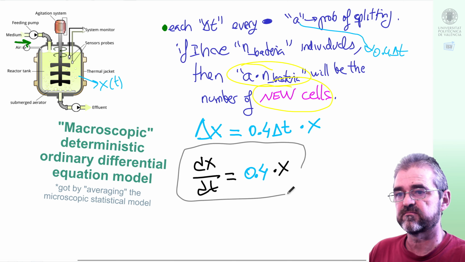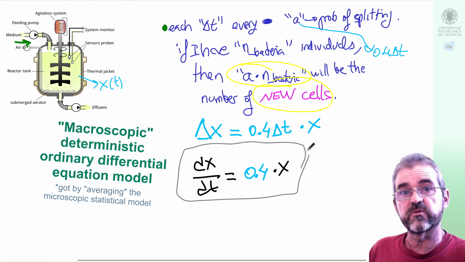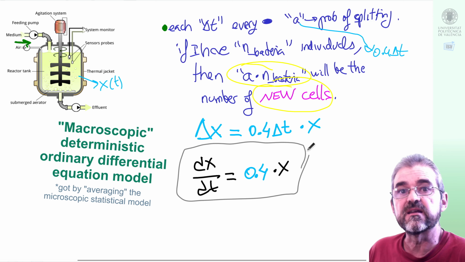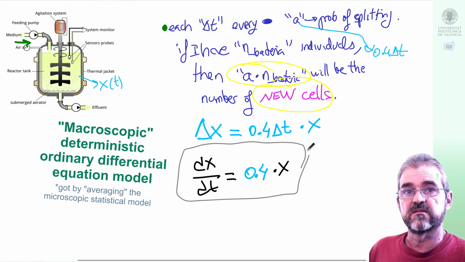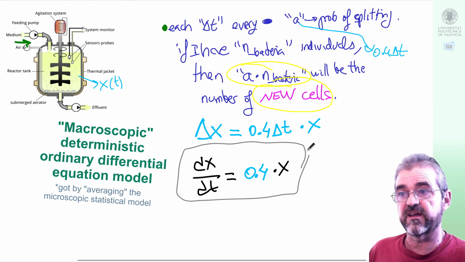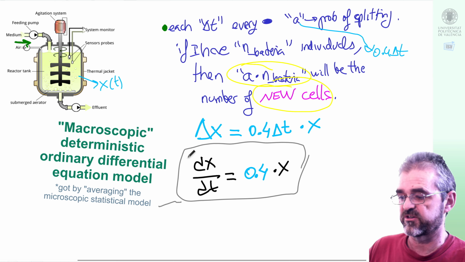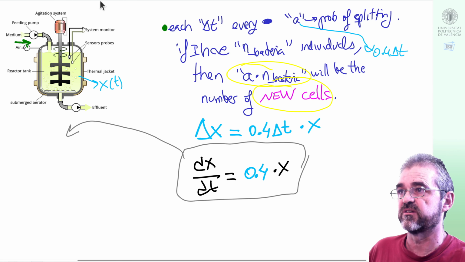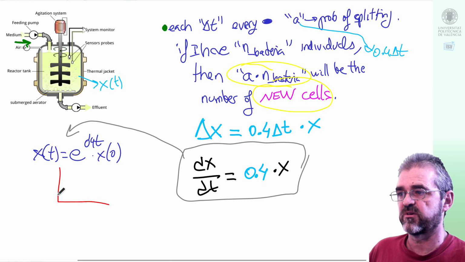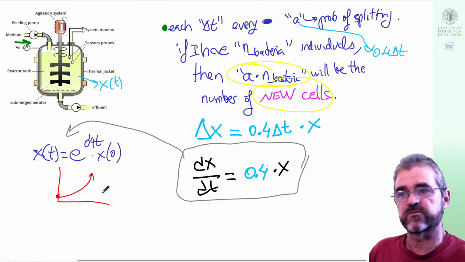So this is our basic differential equation arising from applying the law of large numbers, the mean, let's say, to my individual cell statistical model when I have trillions of them. And this differential equation is the one responsible for the exponential growth of my population, because indeed we know that the solution of this differential equation is this thing, which has this plot, starting from a small seed population, it explodes exponentially.